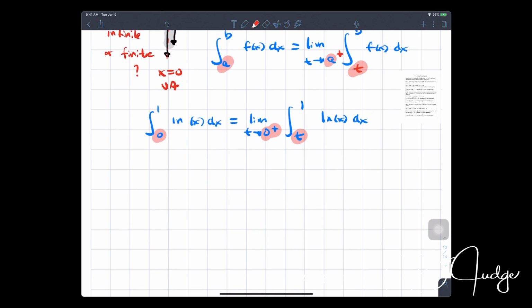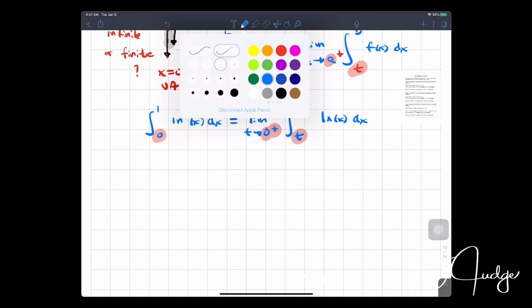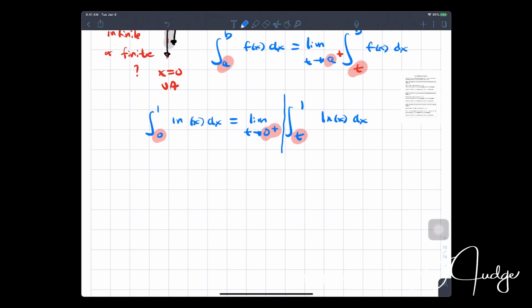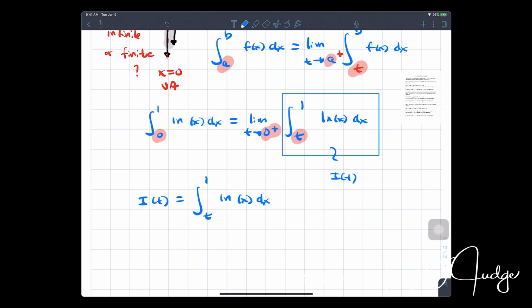This is using the definition. At this point here, here's our I of t. So we're going to have to find that integral, I of t, from t to 1, natural log x dx.